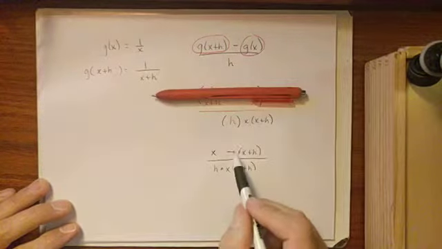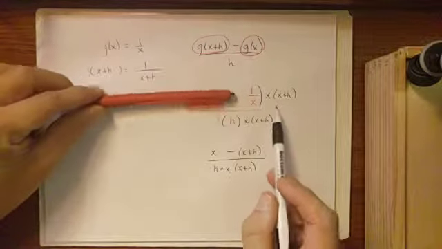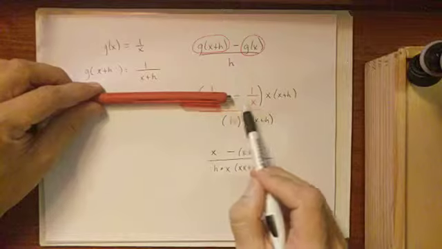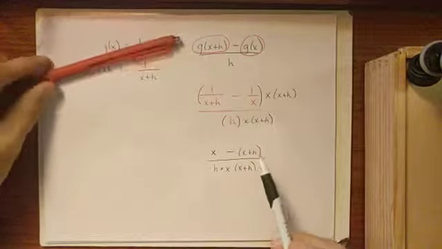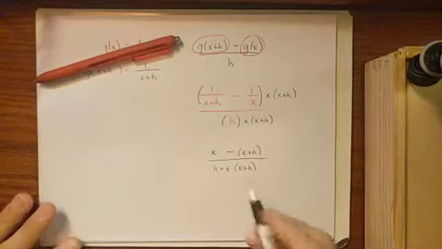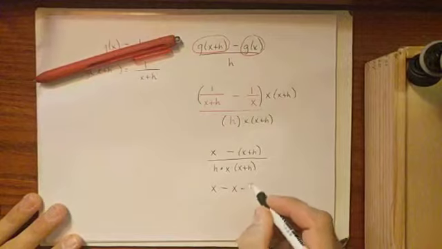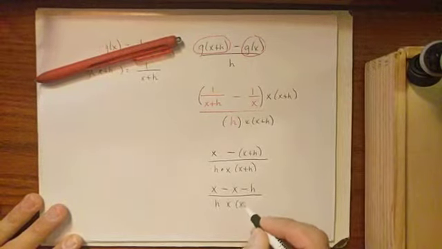So now what we're going to have to do is distribute this negative, and it's very important that in this problem I left the x plus h in parentheses because I want to subtract that entire thing, and therefore I'm going to have to distribute a negative sign. Many students forget to do that, so watch out. All right, so we're going to get x minus x minus h over h times x plus h.